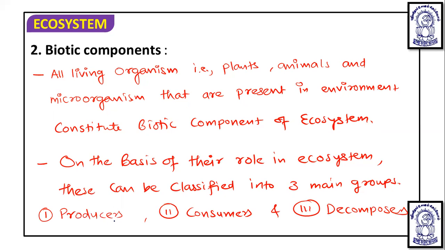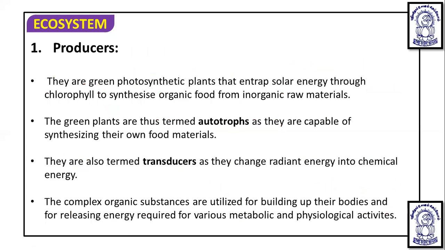Okay. So let's discuss the first one, that is the producers. As we know, producers means they are going to produce the food. They are going to synthesize the food. So they are nothing but the photosynthetic plants. So producers are the green photosynthetic plants. And what these green photosynthetic plants do, they entrap the solar energy.